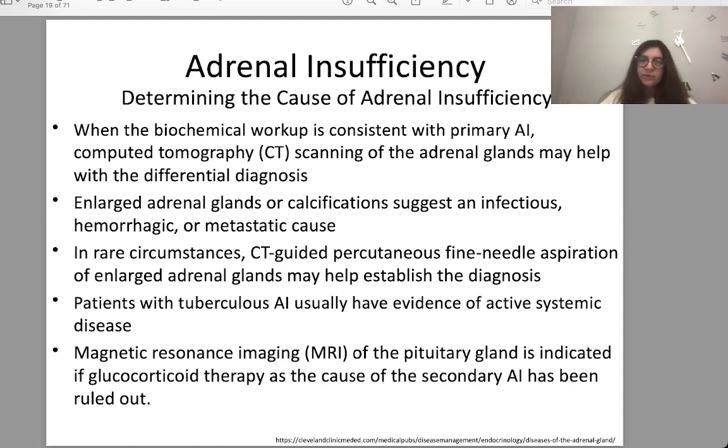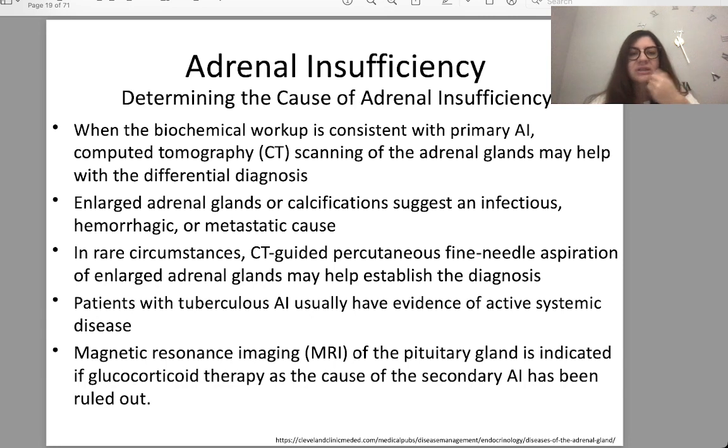And step 3, how to determine cause, and is it possible always to find a cause of adrenal insufficiency? When the biochemical workup is consistent with primary adrenal insufficiency, computed tomography scanning of adrenal glands is recommended. Enlarged adrenal glands or calcification suggest an infectious, hemorrhagic, or metastatic cause of adrenal insufficiency.